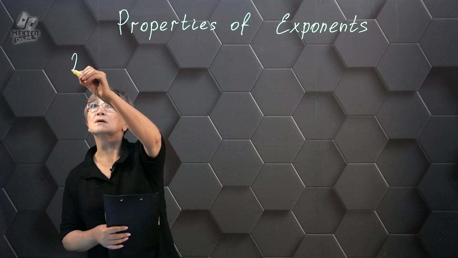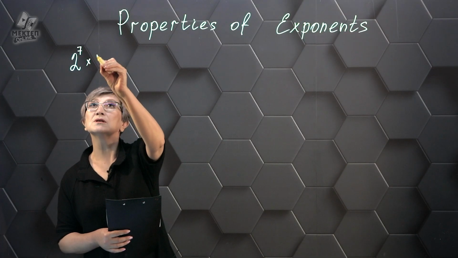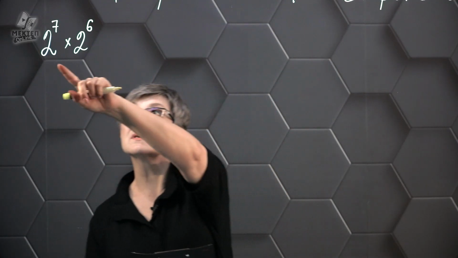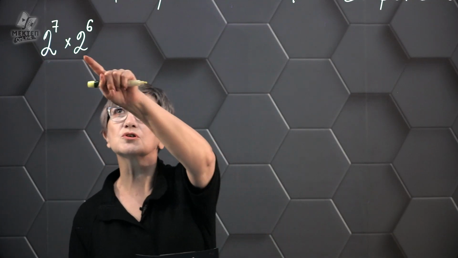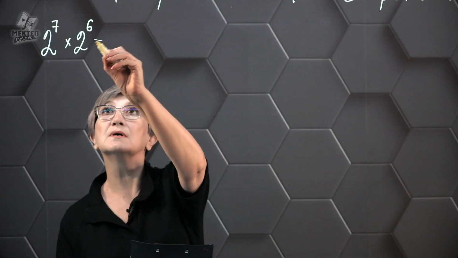We need 2 to the power of 7 times 2 to the power of 6. In order to solve this example, we have to multiply 2 to the 7th power and then 2 to the power of 6. What do we get as a result?